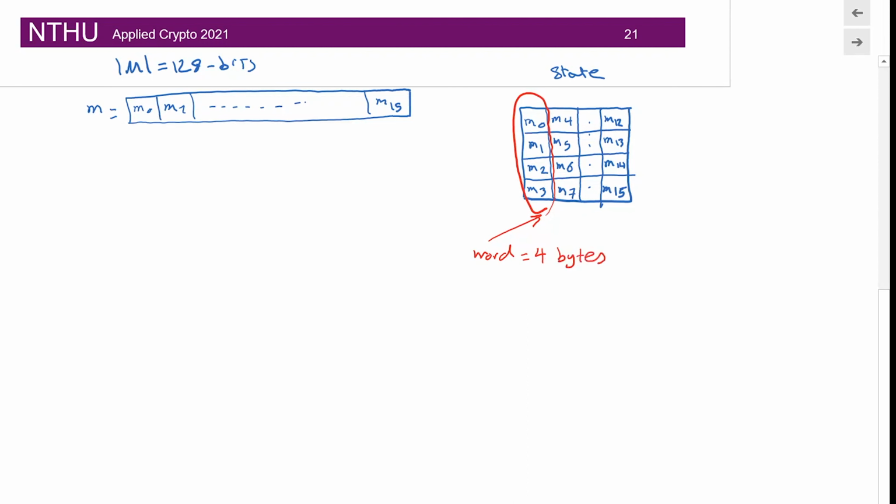This is the way that AES receives the message, and then we copy and paste this message into the state. There is a reason why we do that. We fill it in this way, and you will see it very soon, because most of our operations are column oriented, and things will start to make sense when we get there.